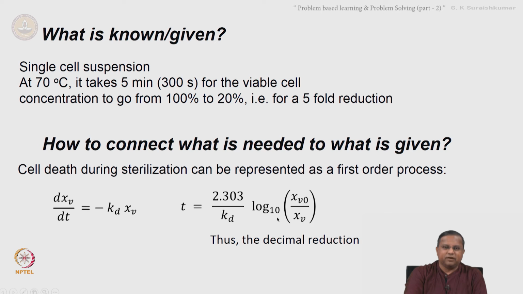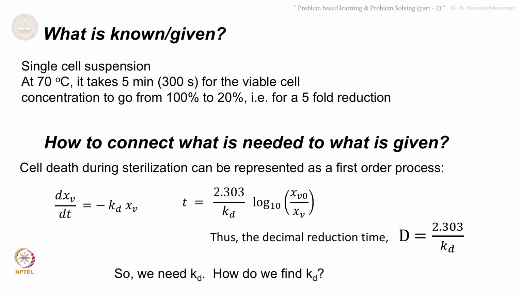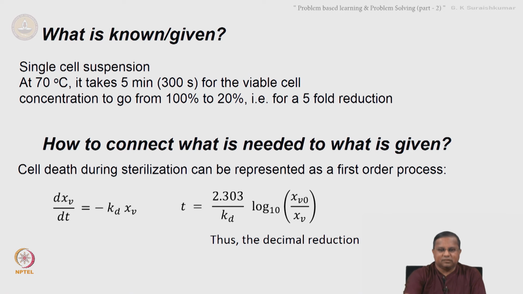Therefore, the decimal reduction time, which is defined as the time that is needed to reduce the cell concentration by an order of magnitude, by tenfold, is nothing but this. How do you get this? The viable cell concentration at time 0 is something.